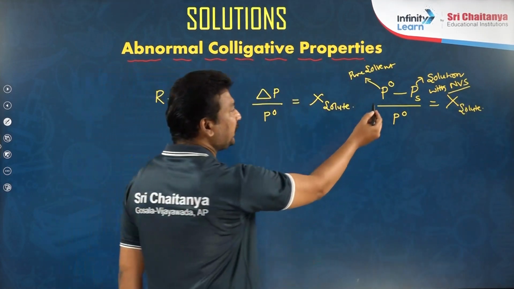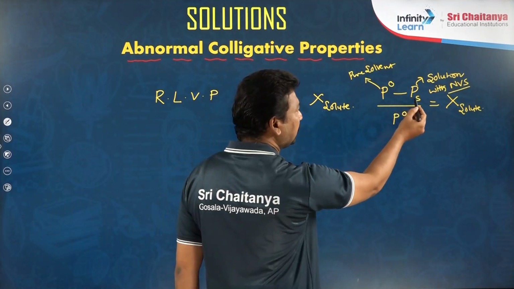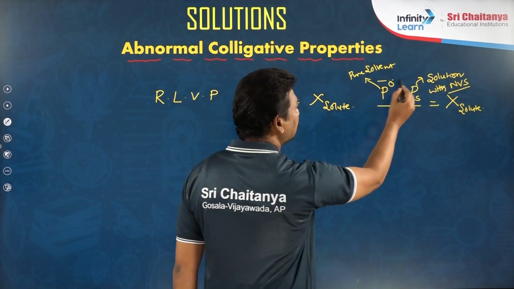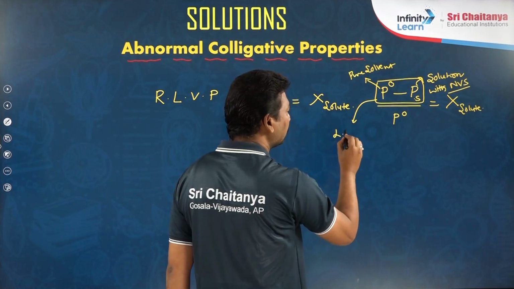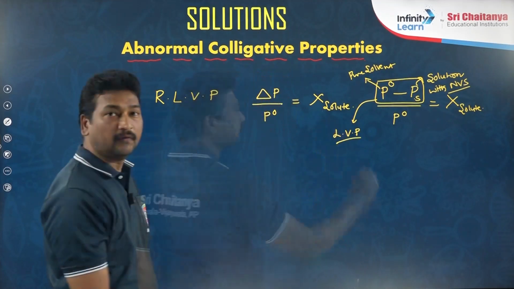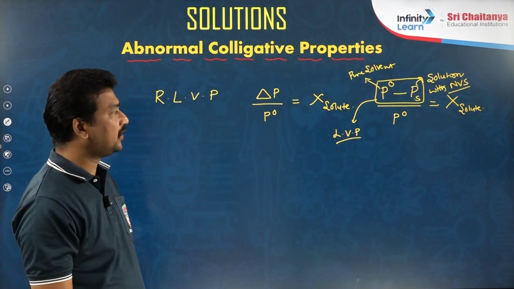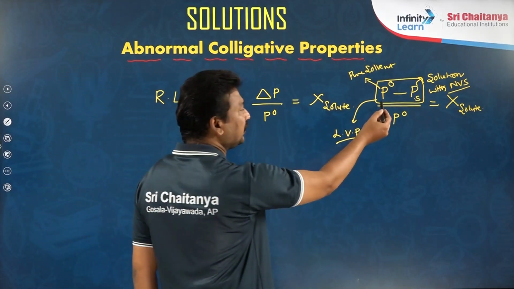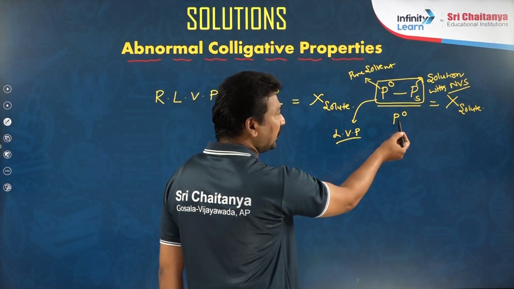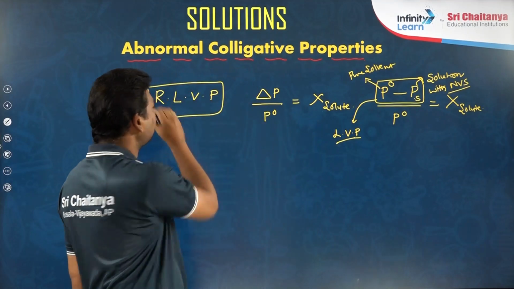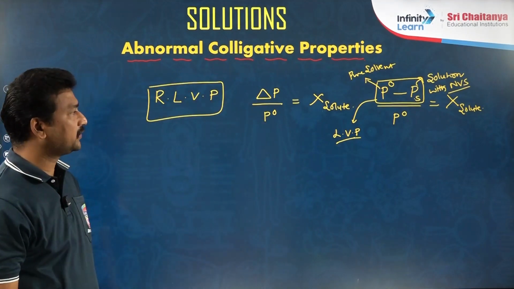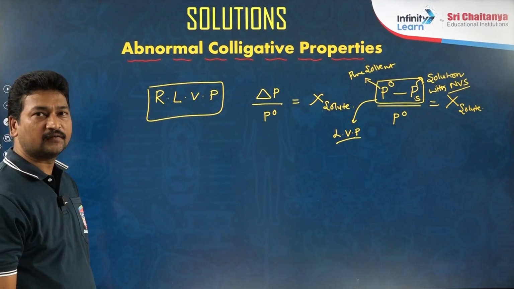P naught minus P is the lowering in vapor pressure, LVP. The ratio between the lowering in vapor pressure and the vapor pressure of the pure solvent is the relative lowering in vapor pressure, which is equal to the mole fraction of the solute.